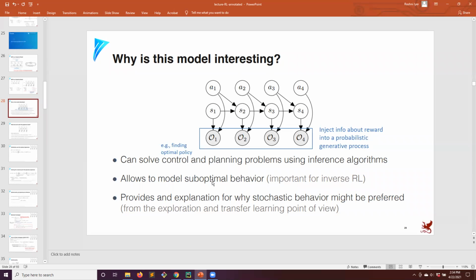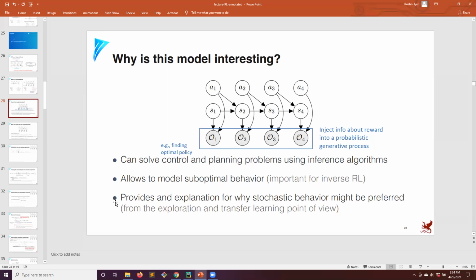If the agent finds one high reward, we don't necessarily want the policy to be learned to be deterministic. Some models will learn the policy to keep going to that one state of high reward, but there could be many others. That's why we want some exploration or suboptimal behavior, to be able to find even better states.